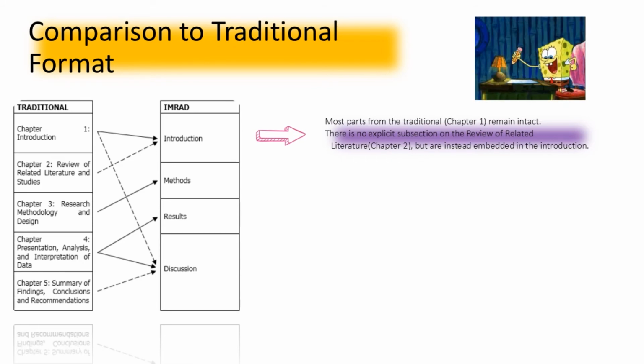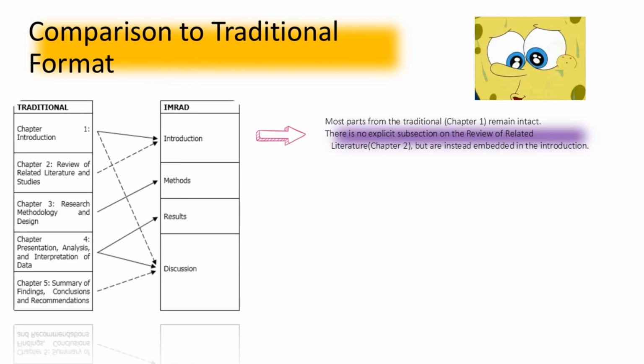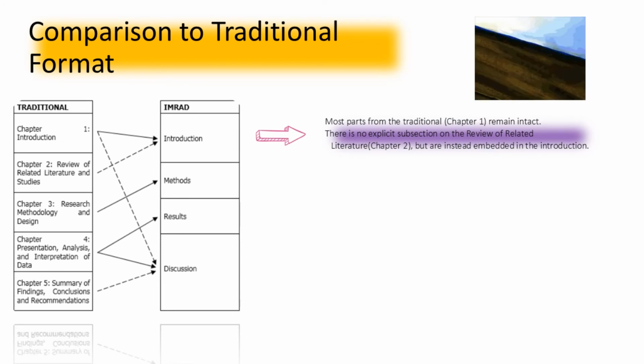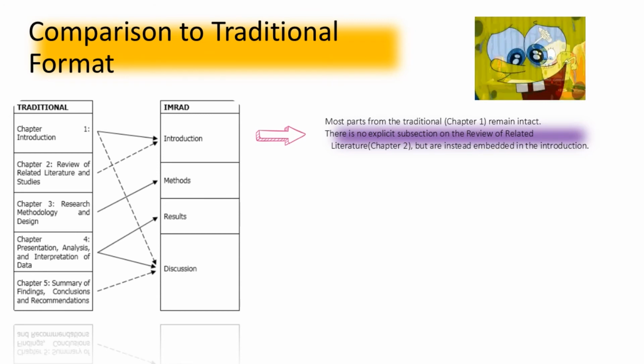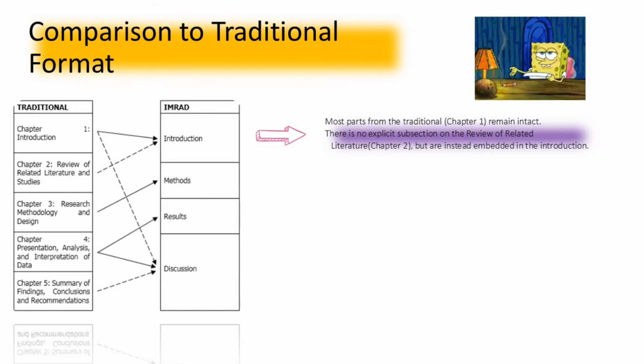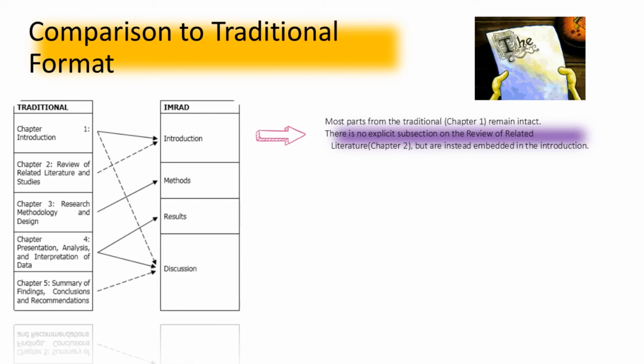The fourth one, or chapter 4 in your traditional format, which involves presentation, analysis, and interpretation of data, will be put in two different parts. The first one will be put in your results, or those are the tables and the tallied answers of the respondents. The second one, you will also put in your discussion because of the presentation and interpretation of data.